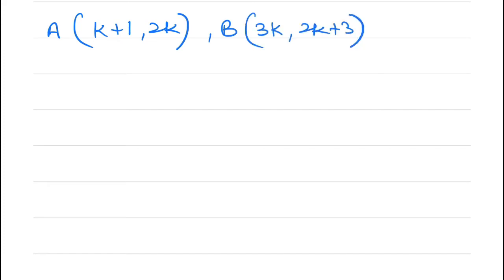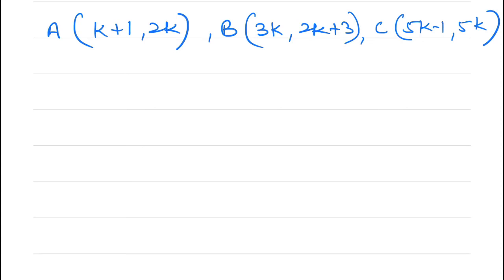In this question, we are given the coordinates of 3 points A, (k plus 1, 2k), and B, (3k, 2k plus 3), and C as (5k minus 1, 5k). And these 3 points are collinear and we have to find the value of k.